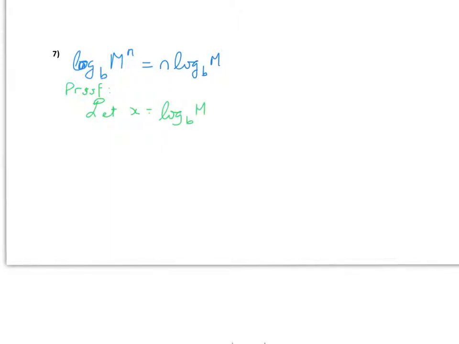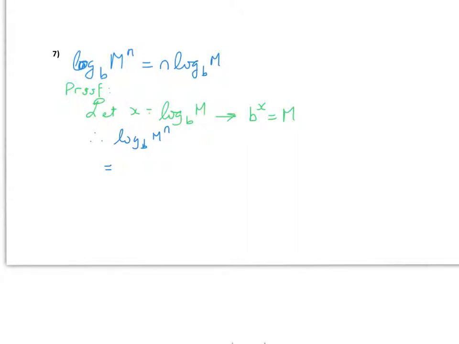All right, and then we're going to start with the fact that we have, so therefore, the log of m to the exponent n with a base of b, that could be written as, oh, wait, before we do that, I missed a step here. If I take that x equals the log of m with a base of b, and rewrite it in its exponential form, we would have b to the exponent x equals m. That's what I needed to do.